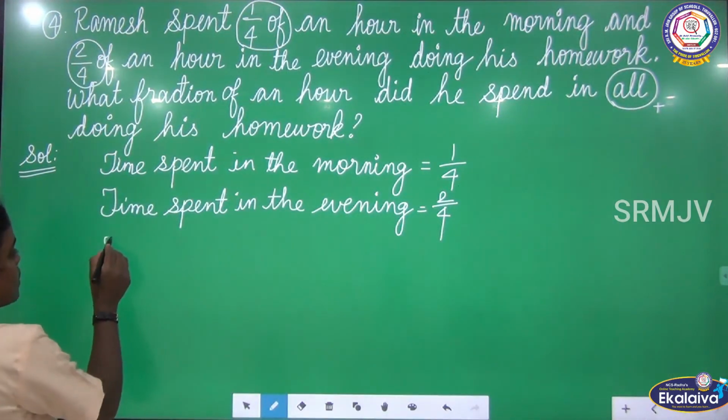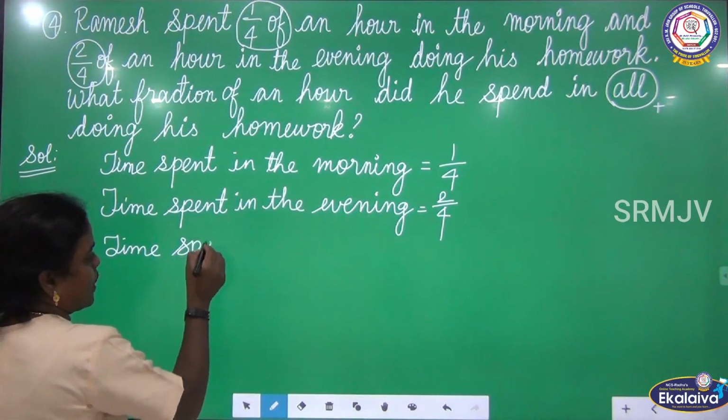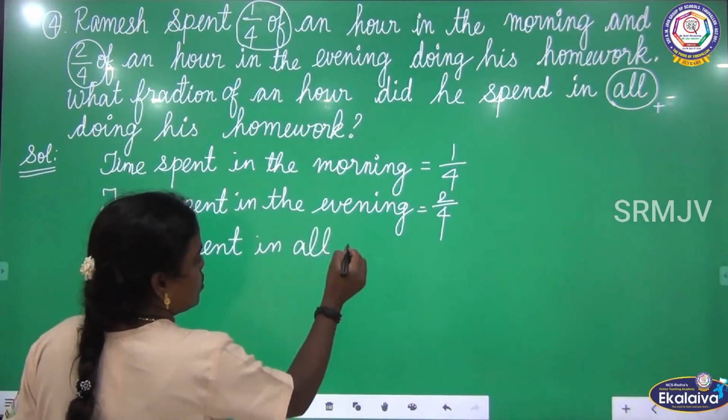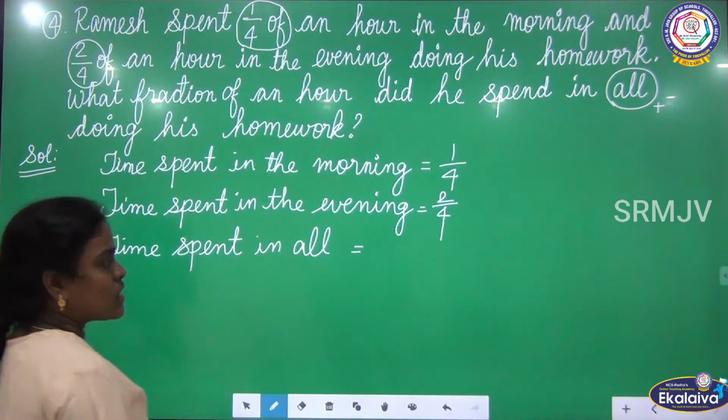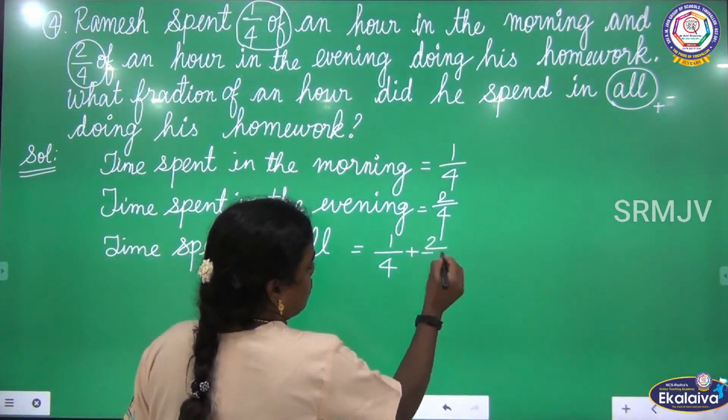So write down the statement. Time spent in all. So you just add the given fractions 1/4 and 2/4.